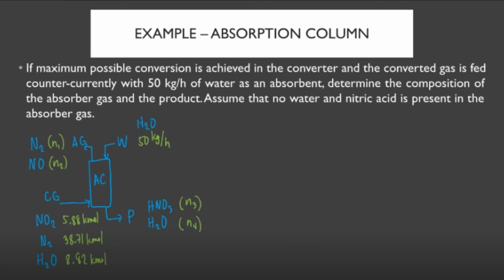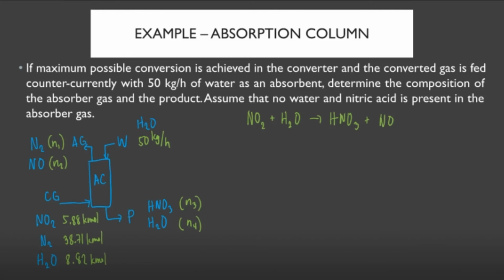If you will remember, our complete reaction is nitrogen dioxide plus water gives us nitric acid and nitrogen monoxide. The nitrogen monoxide is a byproduct in this case. And if we assume that nitrogen monoxide is only sparingly soluble in water, we can assume that all of the NO generated just comes out at the absorber gases. And with that, we can now begin with the elemental balances.